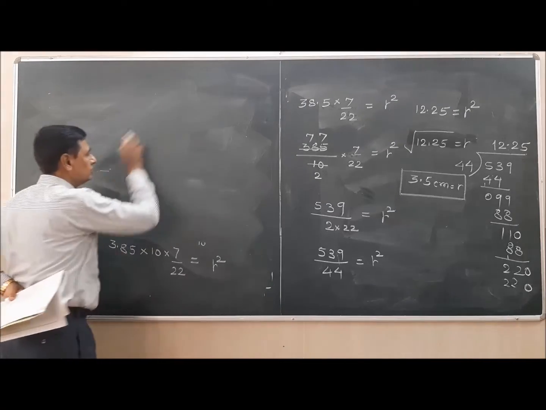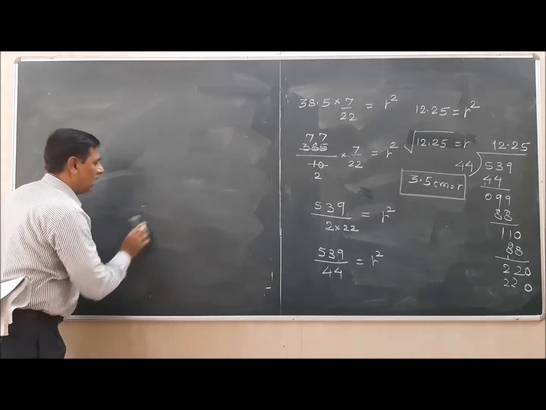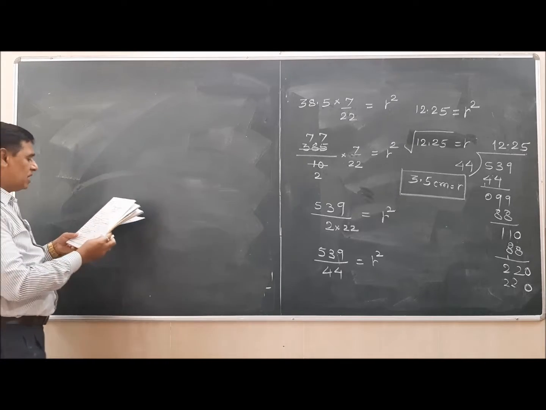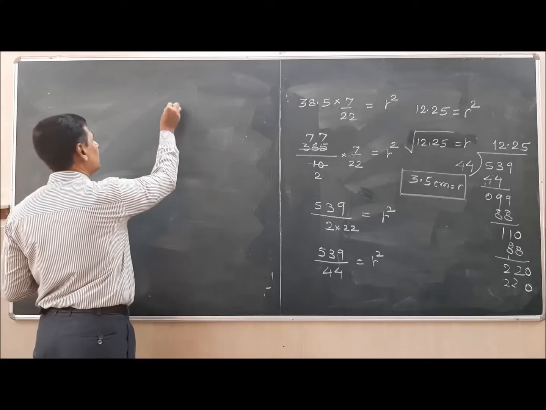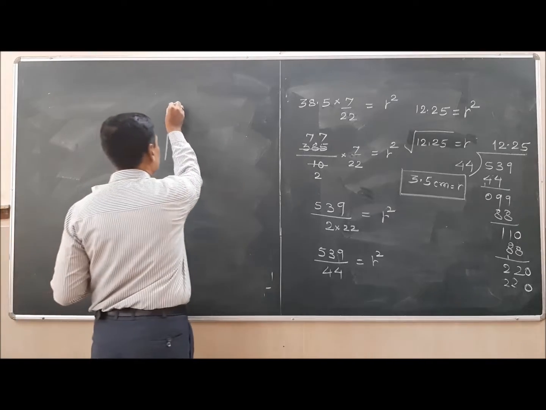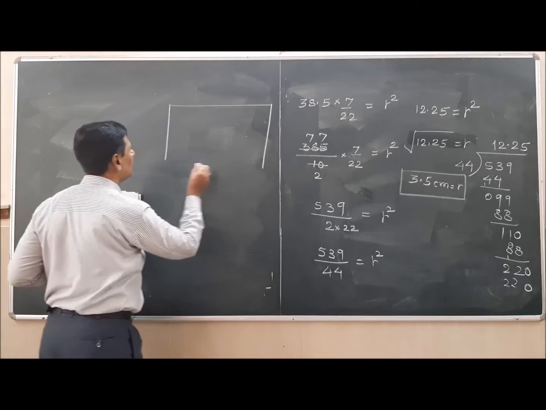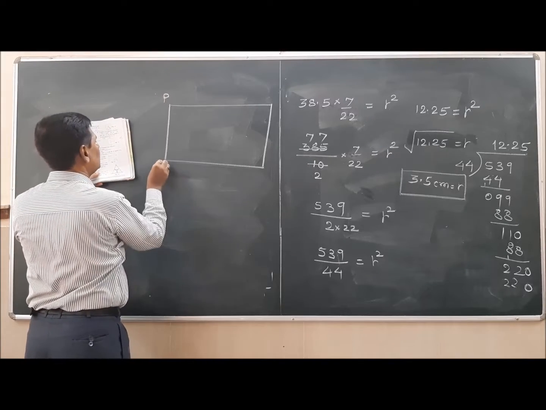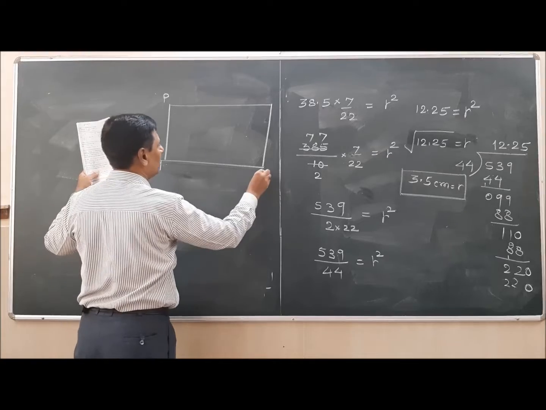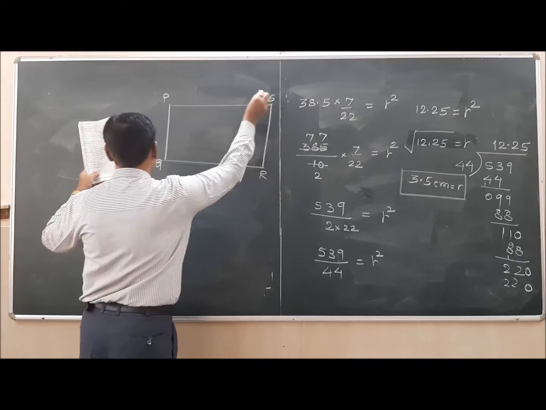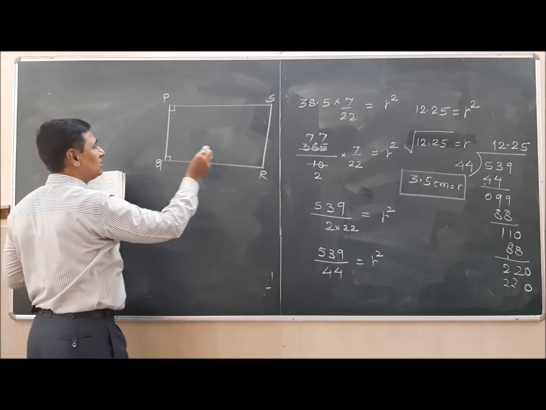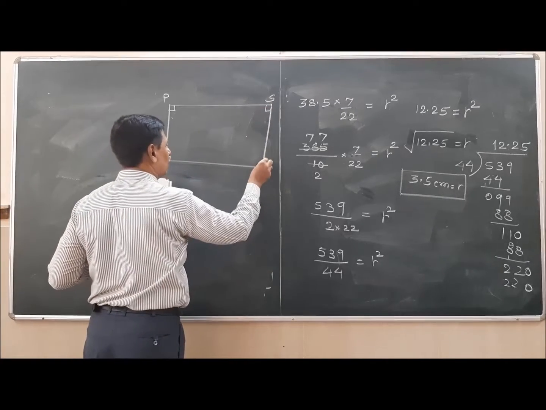And in this rectangle, you will find they have given the dimensions. Please see here, the name of the rectangle is PQRS. Since it's a rectangle, all its angles are 90 degrees.